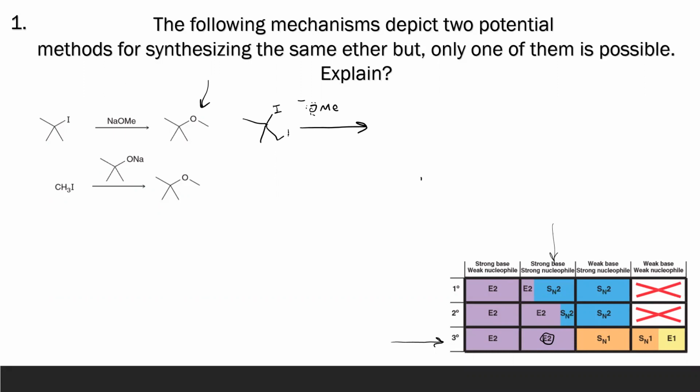So you identify your beta proton. In this case, all of the protons are going to be equal, so it doesn't matter which one you choose, but you have your base come in. I guess I should draw this a little bit different.